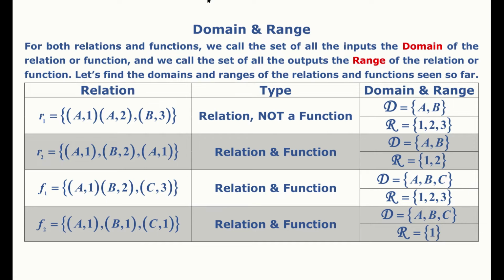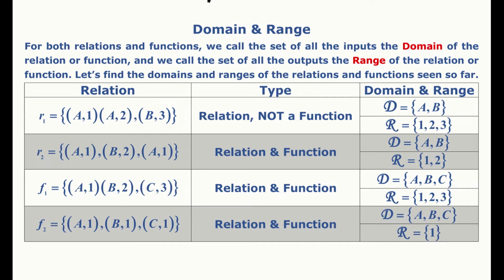Here we have another relation. A is going to 1, B is going to 1, C is going to 1. Remember, this is a constant function. It is a function because no input is paired with more than one output, and all inputs have the same output. That's exactly what we call a constant function.